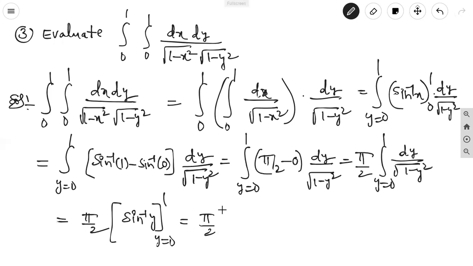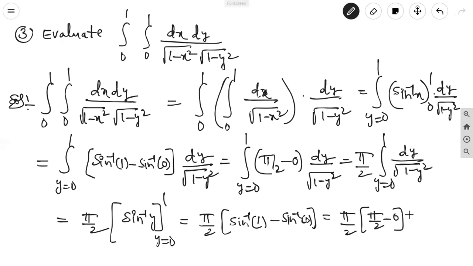That is pi by 2, sine inverse of 1 minus sine inverse of 0. We know that sine inverse of 1 is pi by 2 and sine inverse of 0 is 0. Pi into pi by 2, whole square, pi square by 4 is the answer.